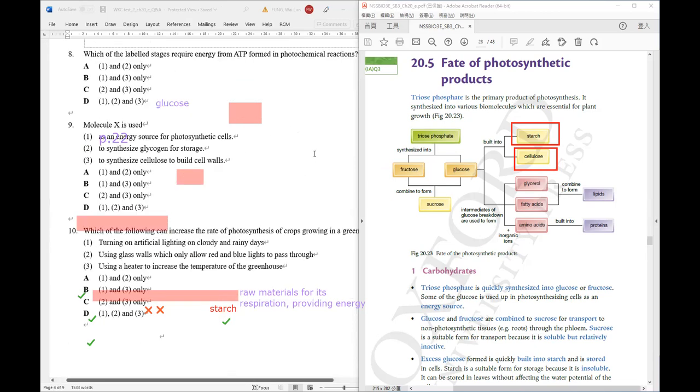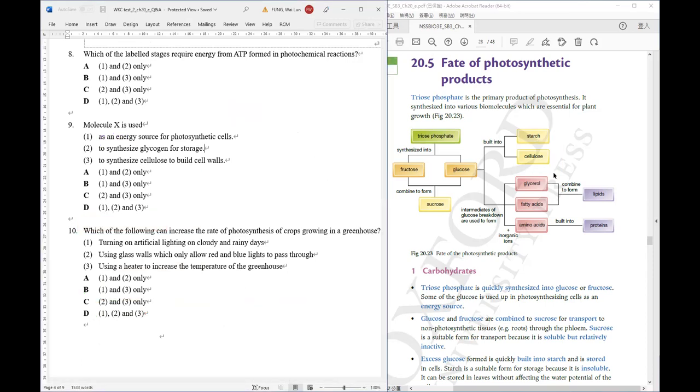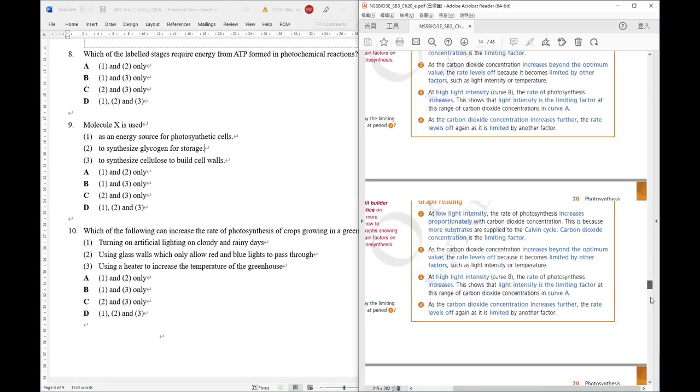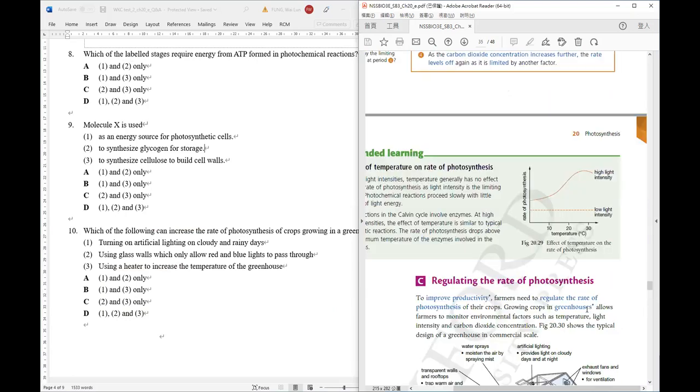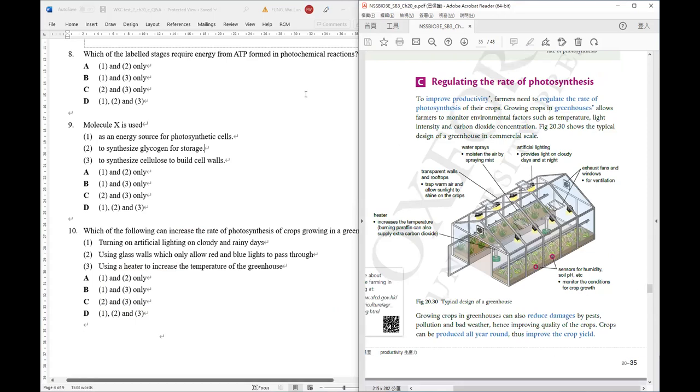Okay, last one. How to speed up the rate of photosynthesis? You can refer to the greenhouse, page 35. For example, on cloudy and rainy days, you give more light.